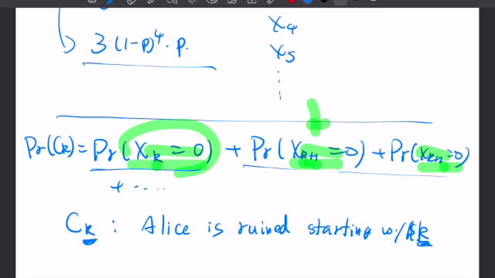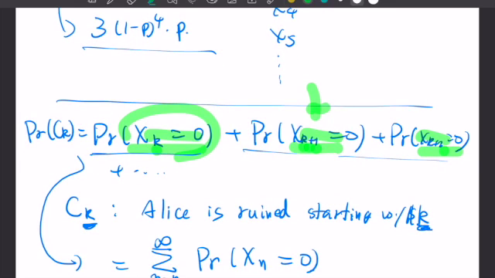This is equal to the sum over n from k to infinity of the probability of xn equal to 0. So what we really want to calculate is this probability.